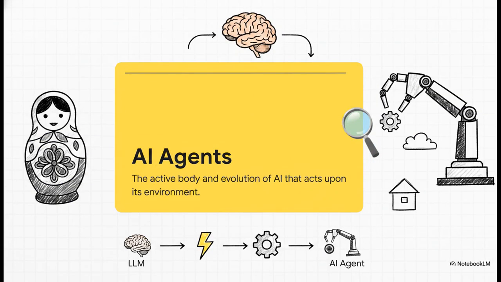Let's see how this builds, stepping into the next layer of our Matryoshka doll to define AI agents. Because, well, a brain needs a body to actually enact change out in the world, right? That is exactly where AI agents come into the architecture. This is the active evolution of the technology. An AI agent takes that raw foundational intelligence from the LLM and basically gives it hands, the ability to interact with its environment.